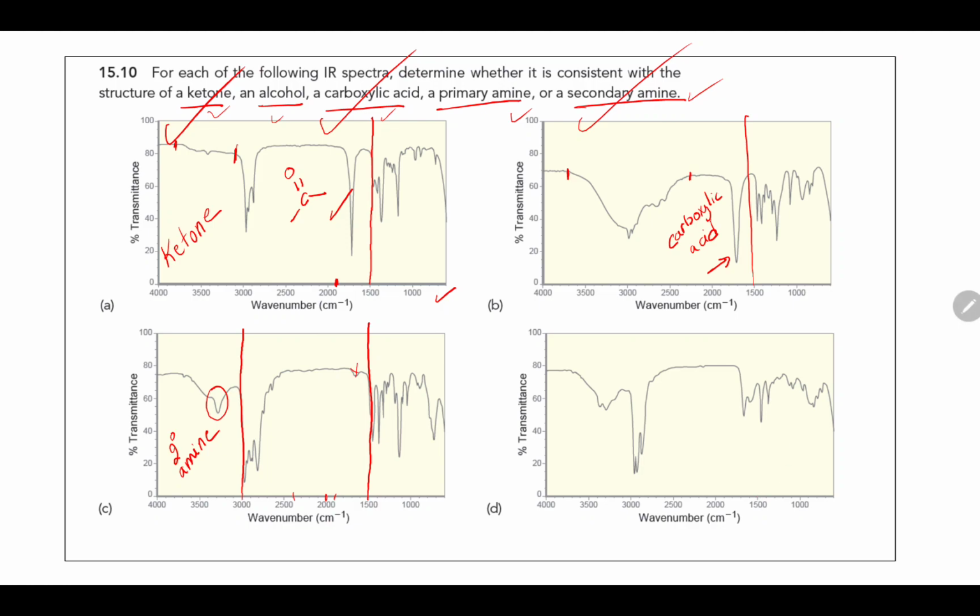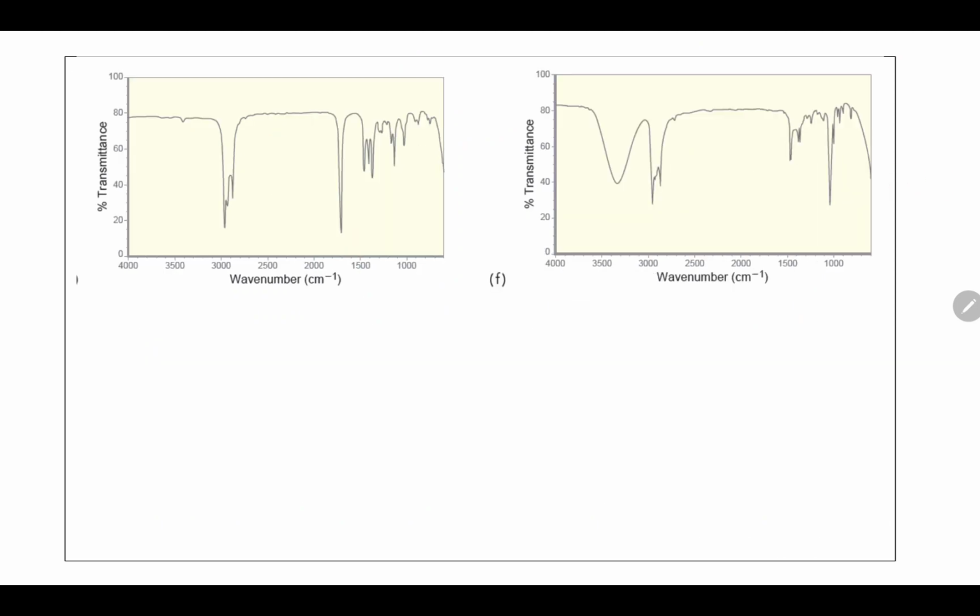Again, in the 1500 region, there is a peak here, so we may have a carbonyl group or a double bond, depending on the structure. But for now, since the only ones left are alcohol and primary amine, I would say that this is a primary amine because we have two peaks here. So this corresponds to a primary amine, but definitely not an alcohol. Let's keep moving.